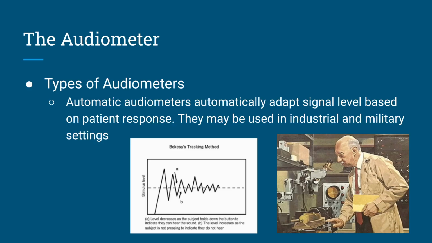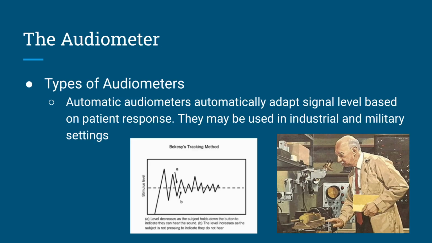Other types of audiometers include automatic audiometers. Bekesy audiometry was the first type of automatic audiometer that adapted signal level based on patient response. These may be used in industrial settings, in military settings. That type of audiometry automatically increased the intensity level until the subject responded by holding down a button.